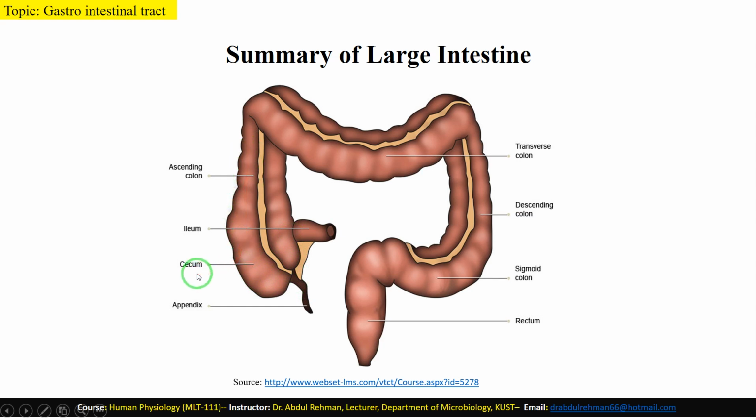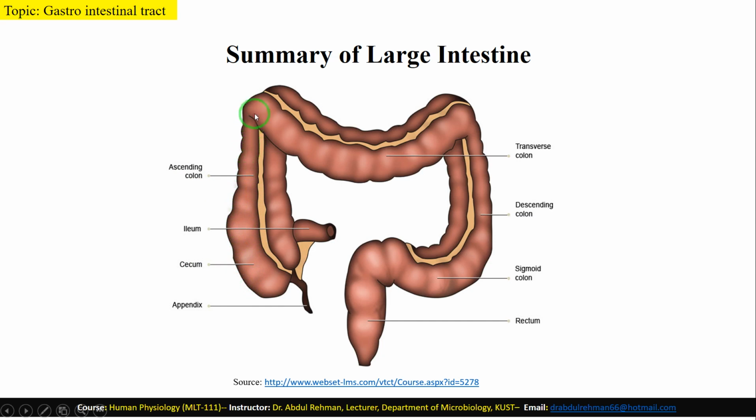The inferior segment is called the cecum that collects fluid from the small intestine, while the superior segment is called the ascending colon that collects water from the cecum and moves it up the colon.